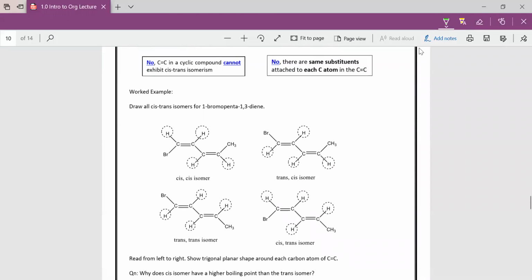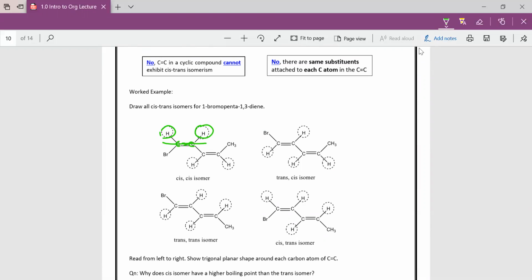If you have two double bonds, how are you going to label the cis trans isomer? You have to read it from left to right. For example, the first CC double bond, you have a cis if you are looking at the two hydrogens.